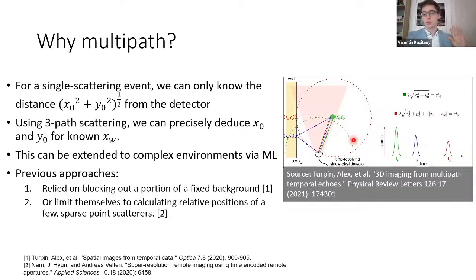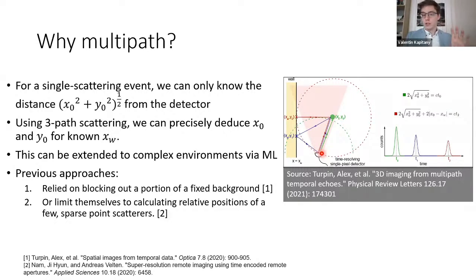However, if I also incorporate the second and in particular the third order reflection, so it's a 3-path event, meaning we have 3 scattering events before arriving back at the camera. If I include these higher order scattering events, for instance, the 3rd path event is light hitting the object, reflecting off of the wall, reflecting back off the object, and then arriving at the detector.